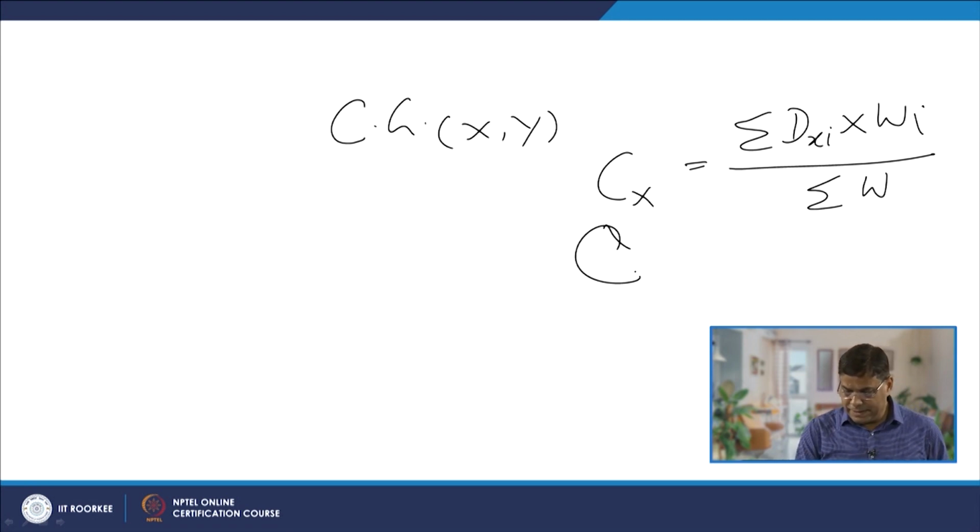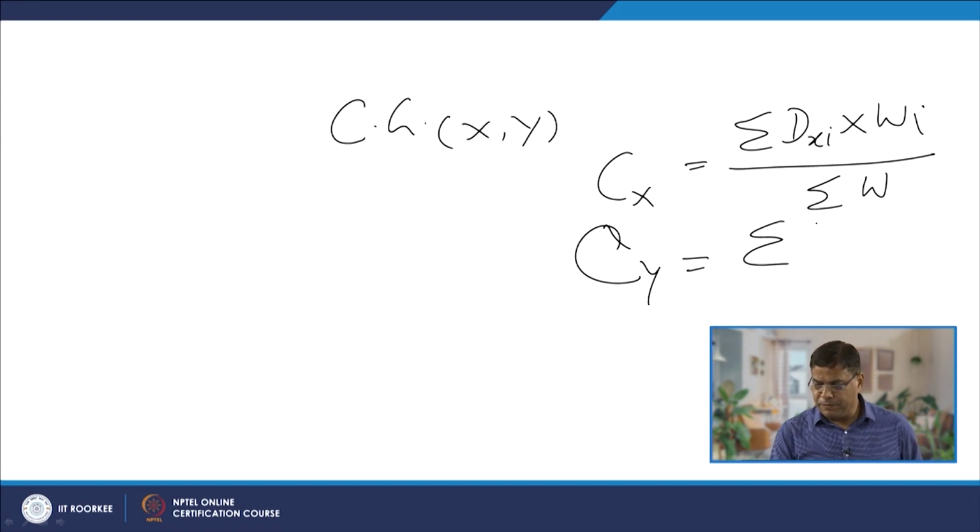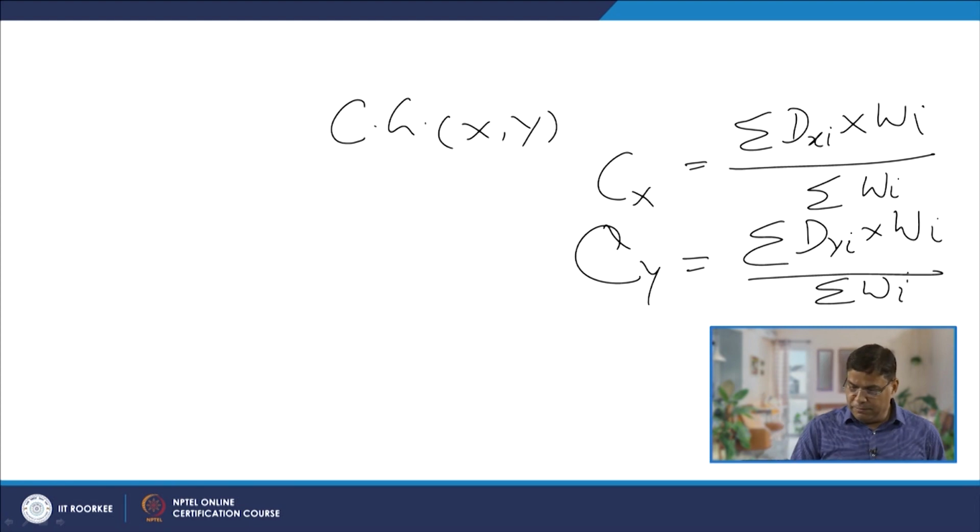Likewise, Cy is obtained from the sum of the product of the distance to be travelled in the y direction into the weight or the load to be moved from each of the locations, divided by the sum of all these loads or weights. It will be more clear from this example.